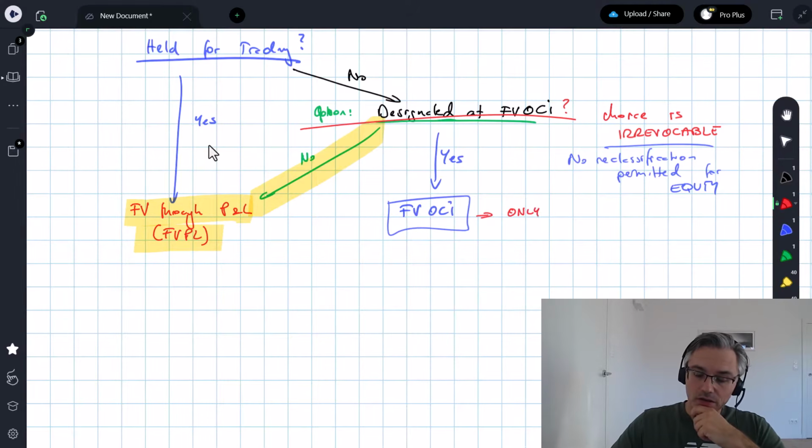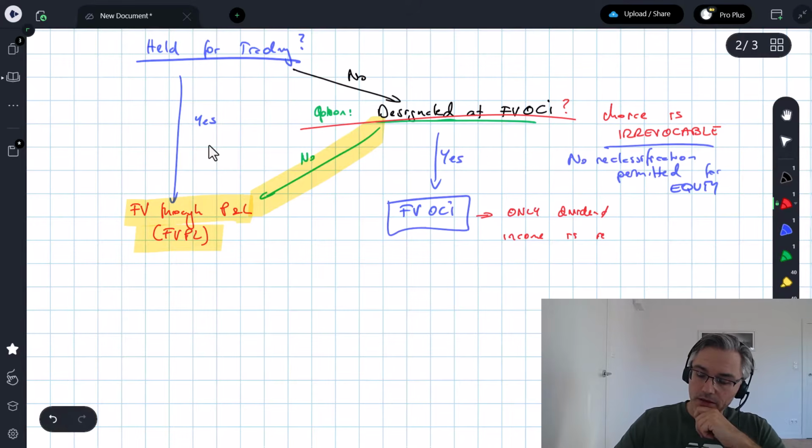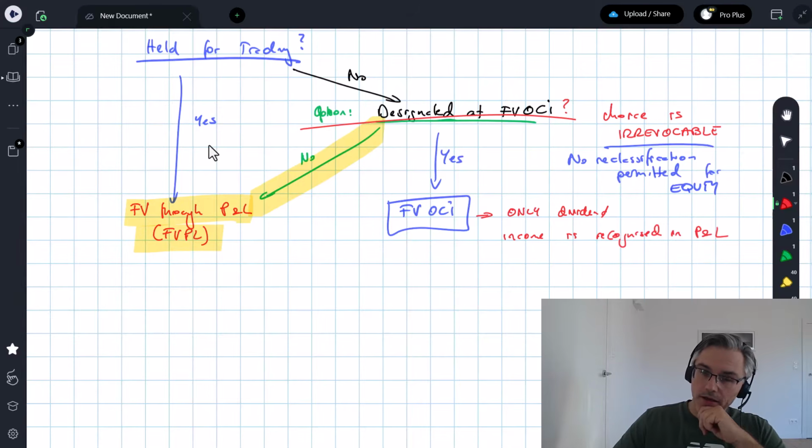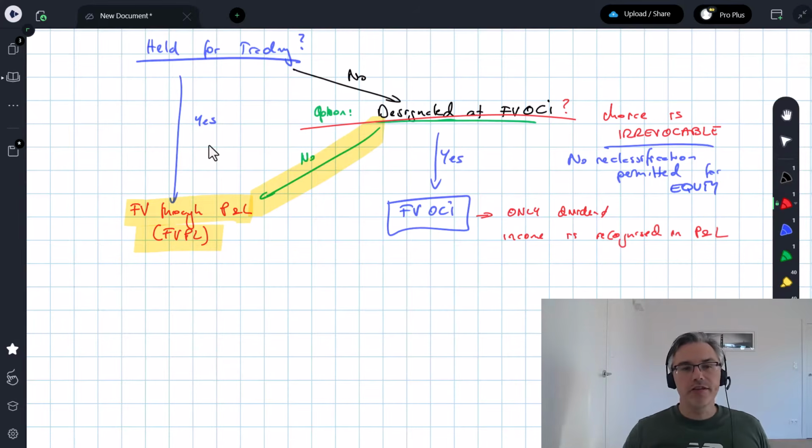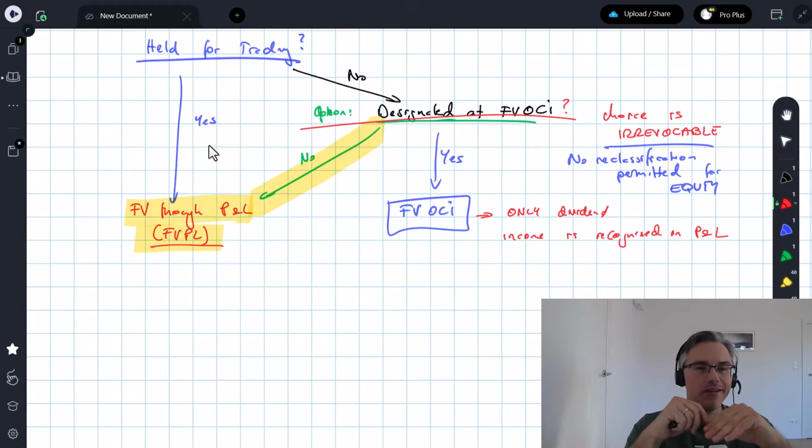So only dividend income is recognized in P&L, because the fair value changes up or down, they go to OCI, other comprehensive income, as opposed to P&L, whereas under this approach on the left hand side, through fair value through profit and loss, everything goes to P&L, the total return, the change in value, and any income received on the security.